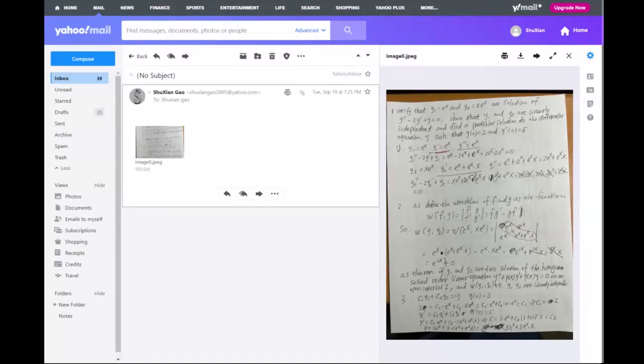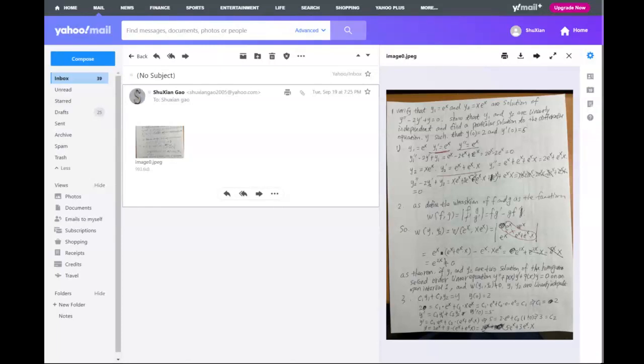So y2 double prime is e to the x plus e to the x plus e to the x times x. This one also uses the product rule, and the result is 2e to the x plus e to the x times x.